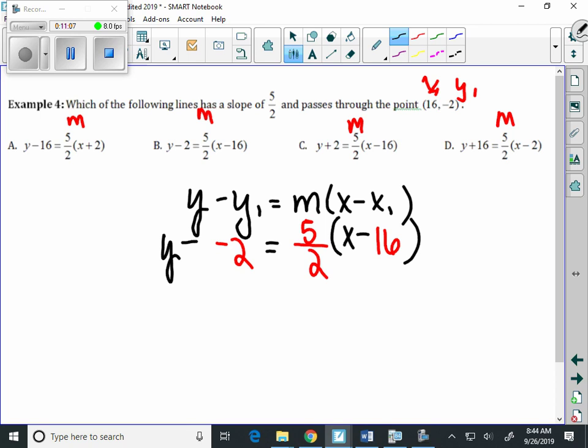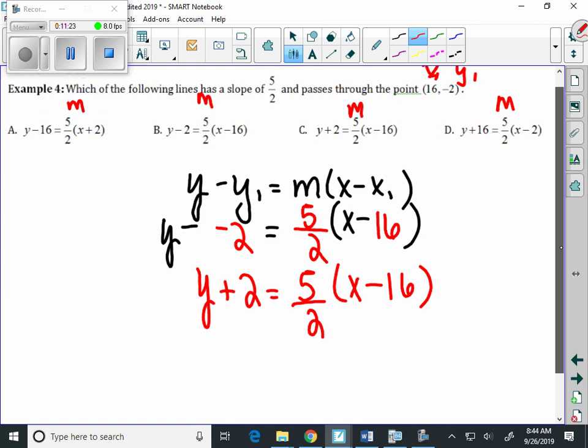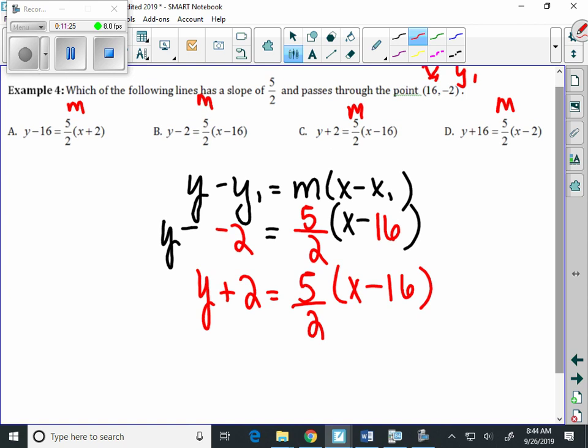Well, in this particular case here, the minus a negative does need to be simplified a little bit. And minus a negative, like we've seen on the previous examples, is a plus. So here's our equation. And then we just need to match it up here. y plus 2 equals 5/2 times x minus 16 is letter C.